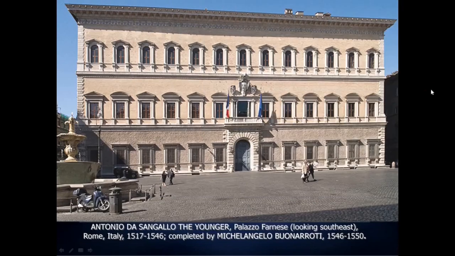Here is an image of Palazzo Farnese, located in Rome. It was begun in 1517 and finished in 1546, completed by Michelangelo Buonarroti later on, in the middle of the 16th century.